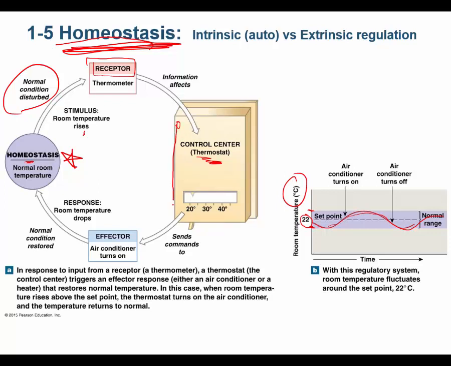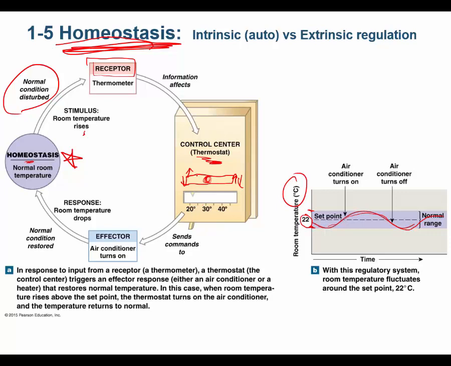Actually, let me erase what I just drew there, because likely what it is, at least how I've seen mine, is you have a horizontal tube filled with mercury or graphite, and the temperature of this tube can tilt this up or down, and it kicks on the circuits or kicks them off, one or the other. So you have a thermometer, which is a receptor.